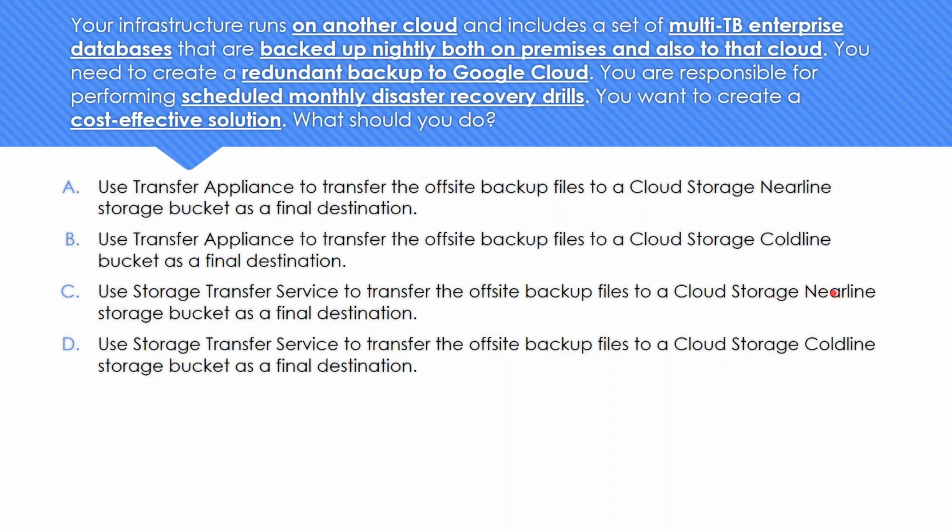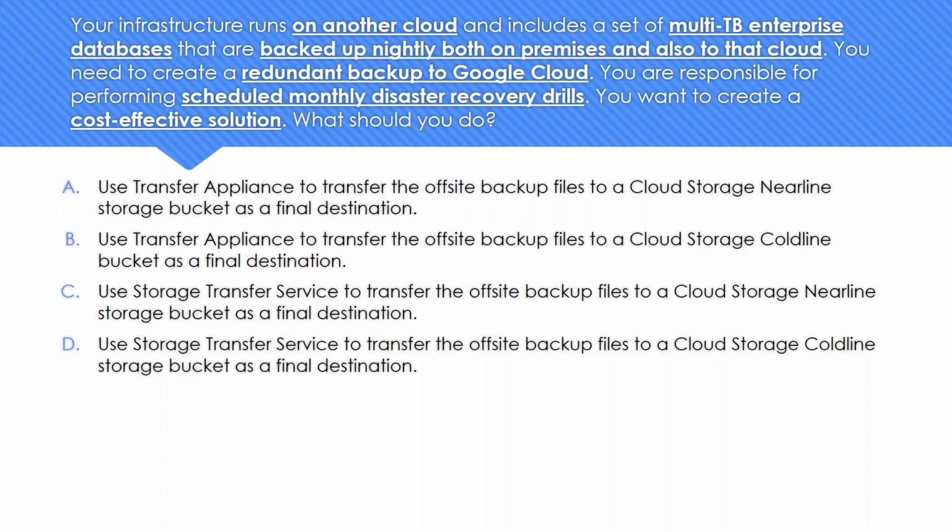Now whether to go with Nearline or Coldline is going to be decided by how frequently you are doing this drill. Once in a month, you are going to access the data to check whether the backup data is really worthwhile or it is corrupted. So I'm going to do the drill every month, right? Only once a month I'm going to access that backup file so that I can restore it into the database and see whether the database is working fine or not.